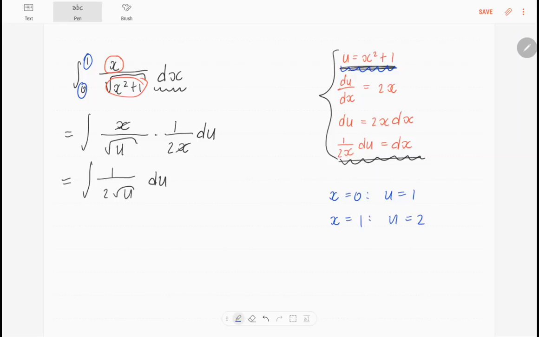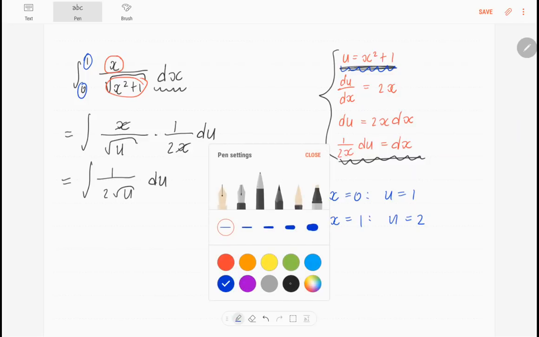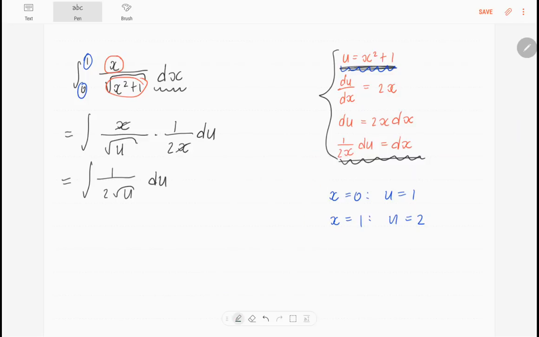If you did not want to change your bounds, that's also okay. But then what you have to do is in your final step, you have to rewrite your integral in terms of x again, so that you can use the x bounds. But it's kind of simple to change your bounds here, so that's what I did.